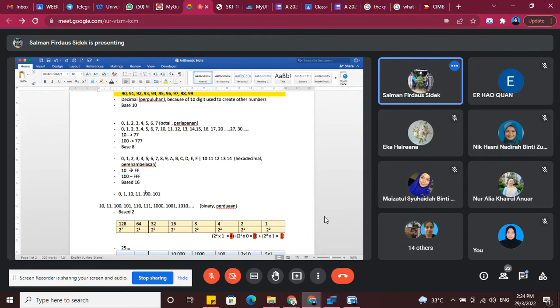Then 1, 0 with 0, and then 1, 0 with 1, and then 1, 1 with 0, and then 1, 1 with 1. We keep on repeating the same thing. So what is the next number after 111?